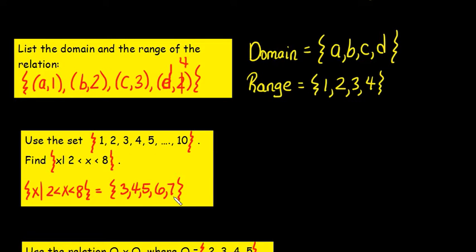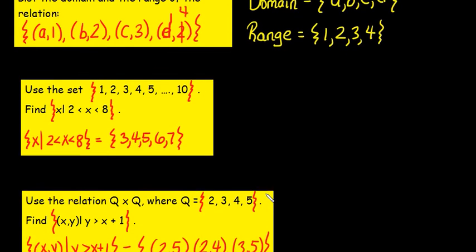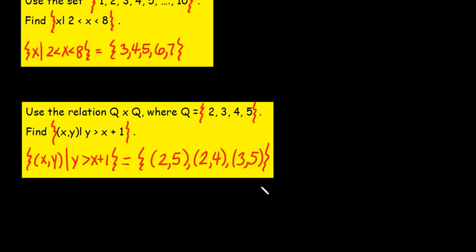Ha! Didn't make a mistake in that one. Yay! Hopefully I won't have one in this one either. This is my last one. Now, it says to use the relation Q with another Q where Q equals 2, 3, 4, and 5. So remember there's actually 2 of those. And I did not write down all of the ordered pairs that would come out of this.